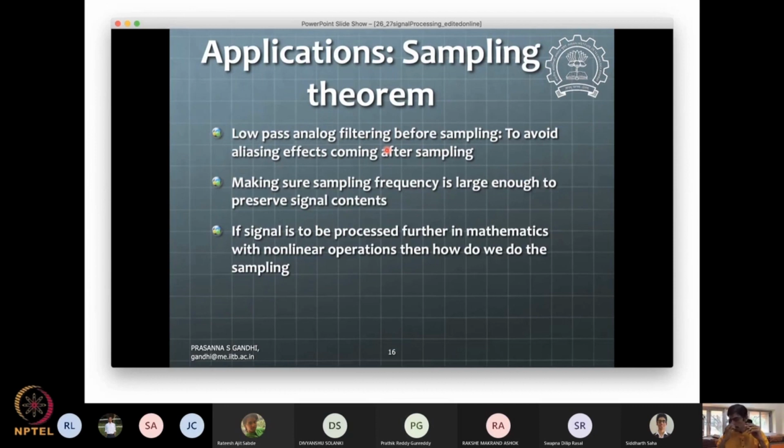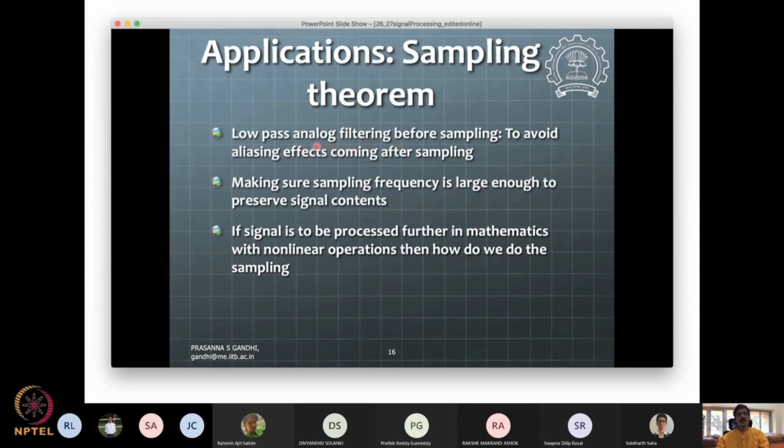Otherwise, if you take a general analog domain signal and see its frequency contents, you'll find all frequencies are represented in some way. So to make sure that higher frequencies are completely chopped down, you use this low pass analog filter.